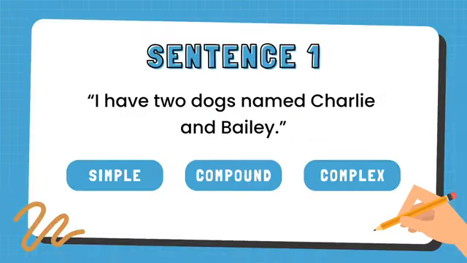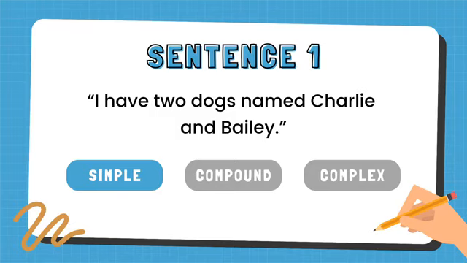I have two dogs named Charlie and Bailey. Is it a simple sentence, a compound sentence, or a complex sentence? The sentence I have two dogs named Charlie and Bailey is a simple sentence because it contains only one subject, only one verb, and only one object and a modifier.